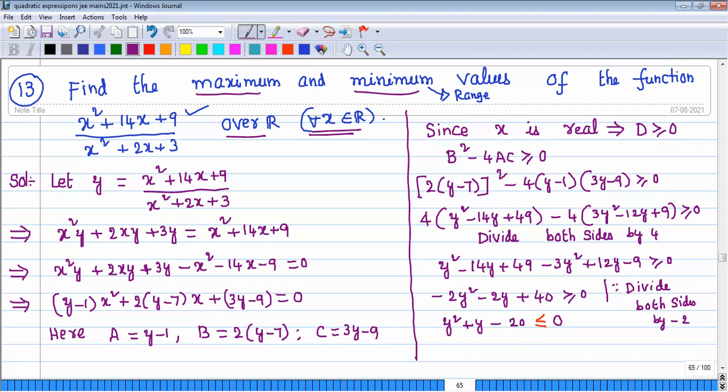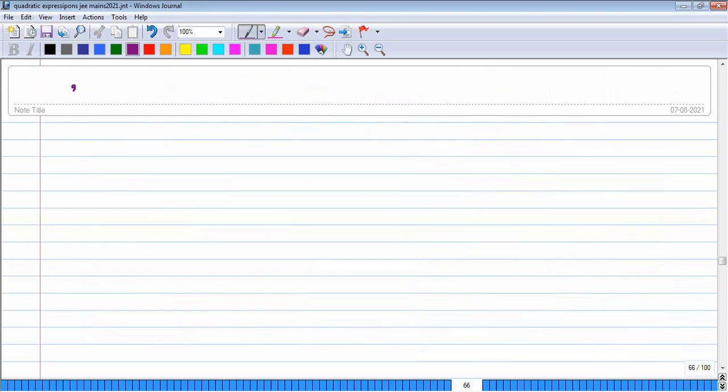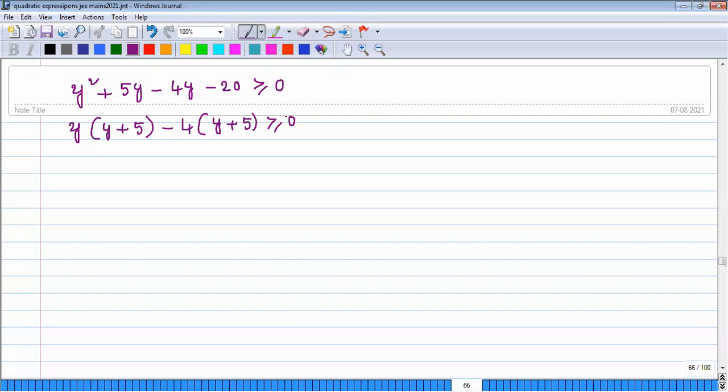Minus 20 factors: we can have negative 5 into 4, 5y minus 4y, that is plus y. So we can write y square plus 5y minus 4y minus 20. y common, y plus 5; minus 4 common, y plus 5, less than or equal to 0.